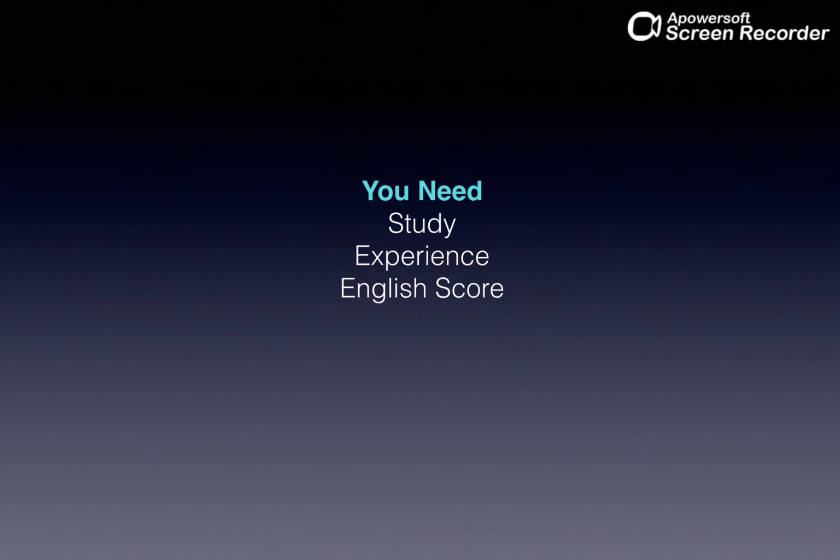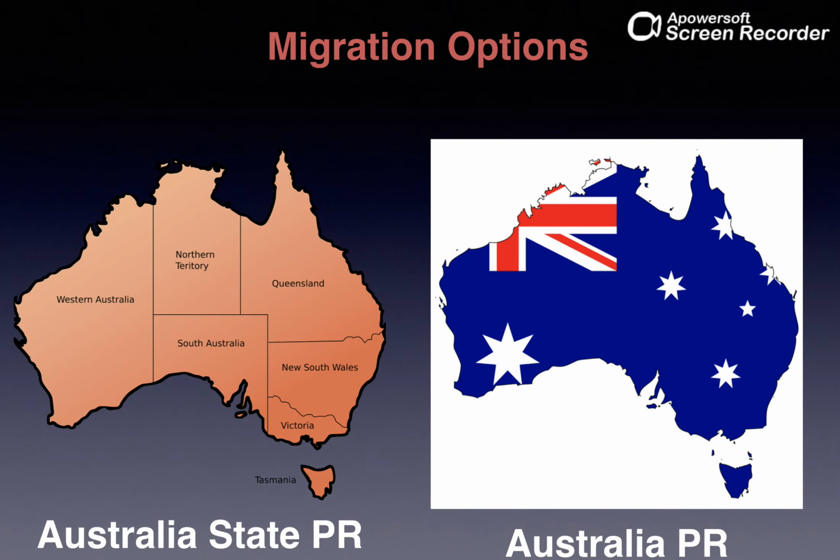All right, so we're gonna move on to the options now. I have divided Australian PR into two different things. One is state PR and one is the whole Australian PR. In a state PR, you can see the different states here. It depends on the requirements of the particular state, and what occupations they need.